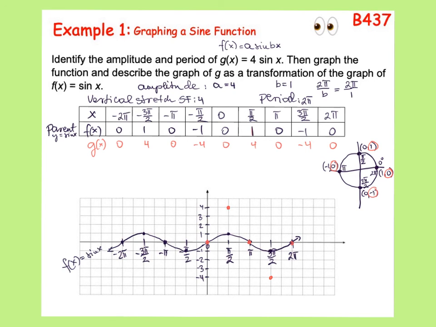And then go the other direction. So negative pi over 2 is negative 4. Back to 0, 4, and 0. Again, connect the points with a nice curve. And we just did a vertical stretch by a scale factor of 4 on the y equals sine of x graph.